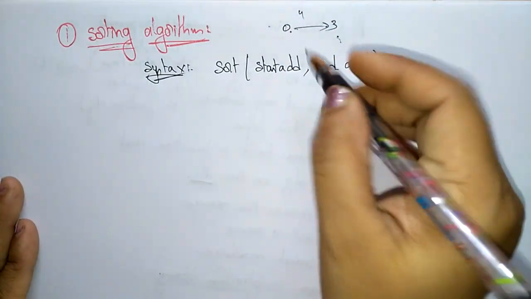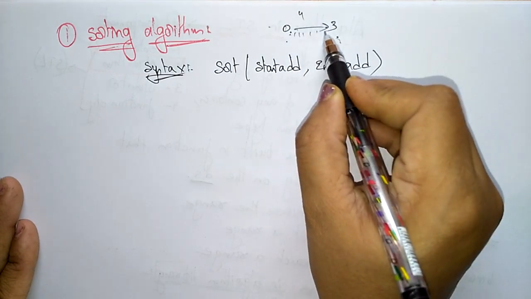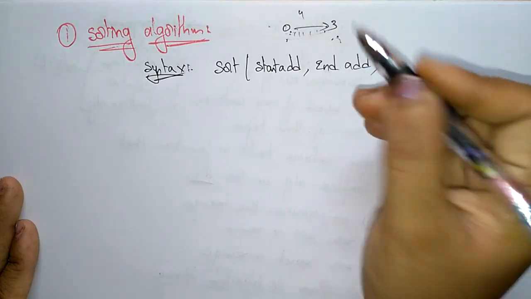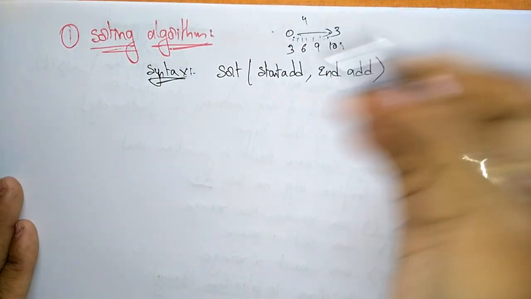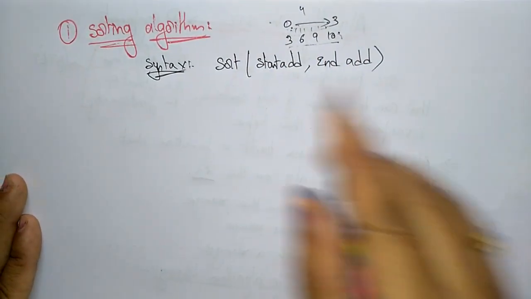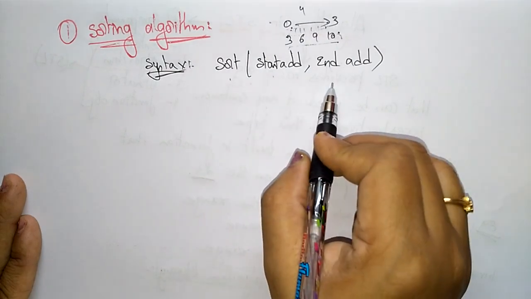It takes the start address and end address, reads all the elements in that range, and sorts the numbers. Suppose 3, 6, 9, 10: those 4 numbers will be arranged in sorted order. So this is the syntax for the sorting algorithm: sort, start address and end address.